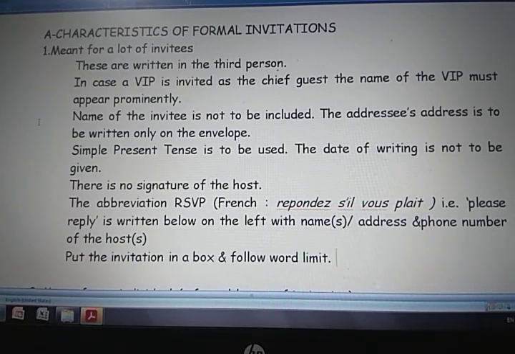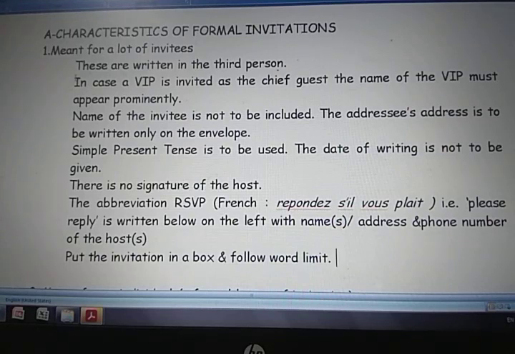The reason is, by seeing the name of that important person, many number of invitees should attend that program. So you should not forget that. Always the success of the program is counted by the number of people attended.